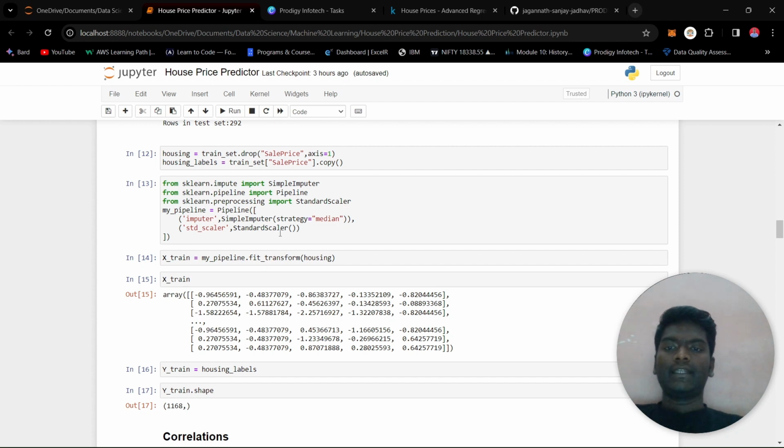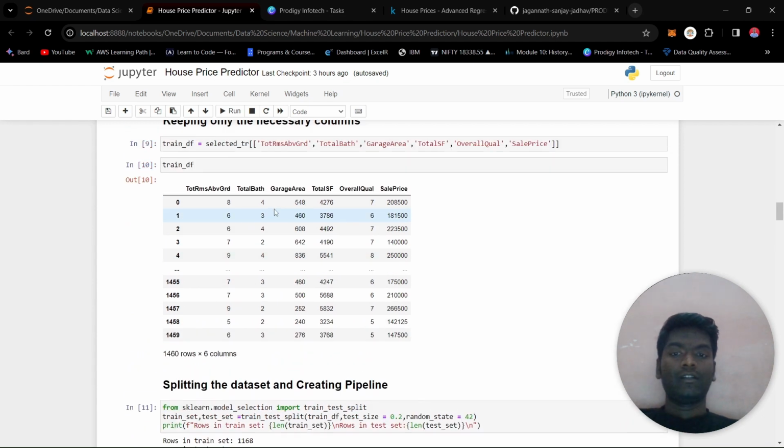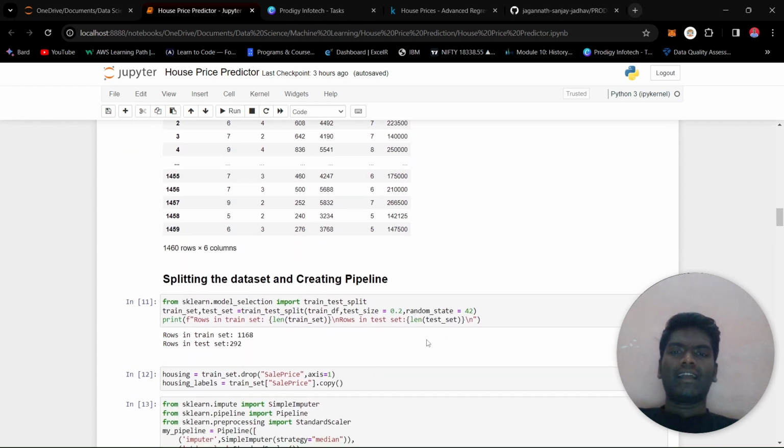So it's basically that. So I did simple imputer. Simple imputer is basically replacing all the NaN values with the strategy I used, because here I have used median. Actually, I was very fortunate that all these columns were not containing any null values or NaN values. I'm not bothered about zeros, but null values and NaN values.